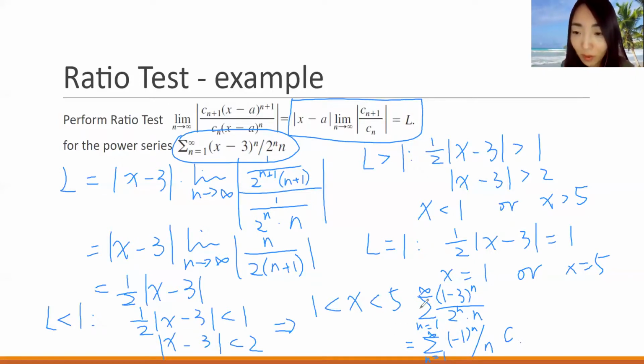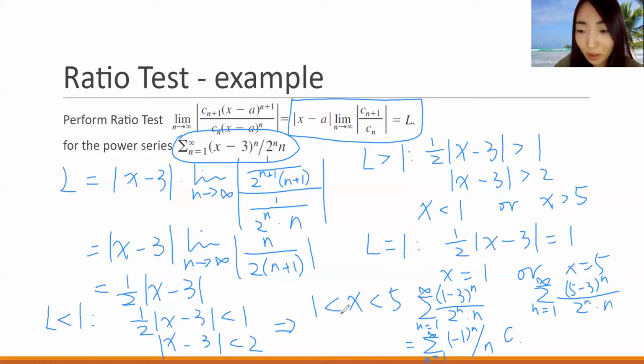And for the other boundary point, when x is equal to 5, we would also plug into the original power series we have right here. And this gives me 5 minus 3 to the power of n divided by 2 to the power of n times n, which is just 1 over n.